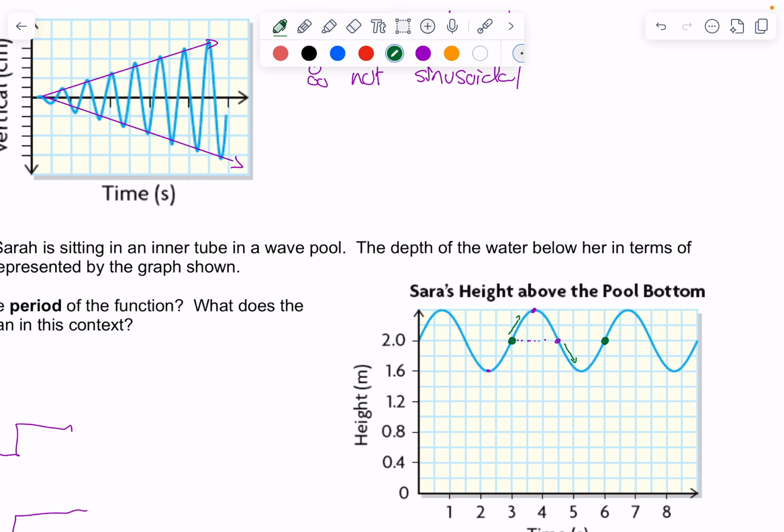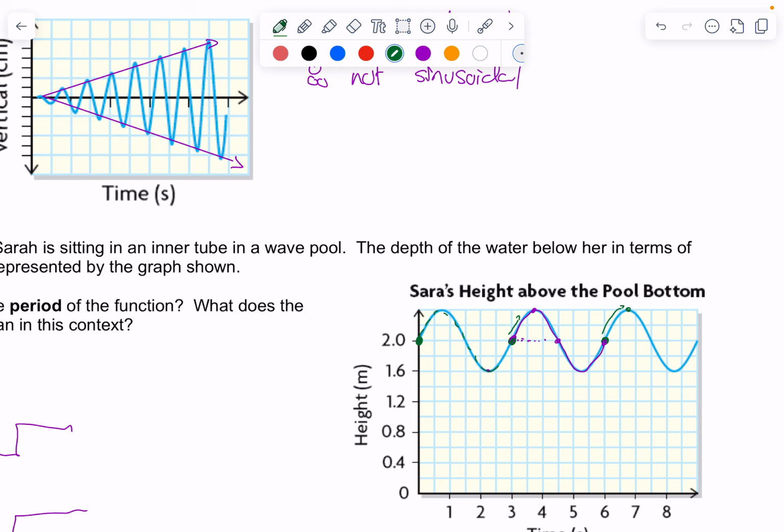Same height, because for a period you want to find the same y value. And then notice how I'm going up and I'm hitting my maximum. So my pattern is going from this green dot I've drawn all the way to this point right here, right? I could have also done it from right here too. I could have also gone up, down, and then gone to this one, right?